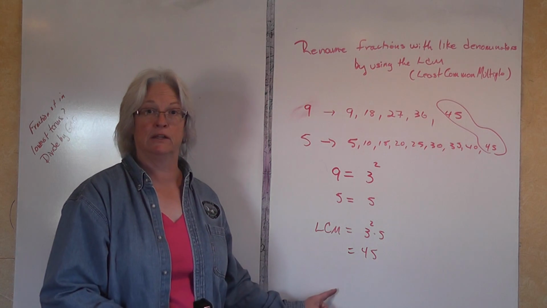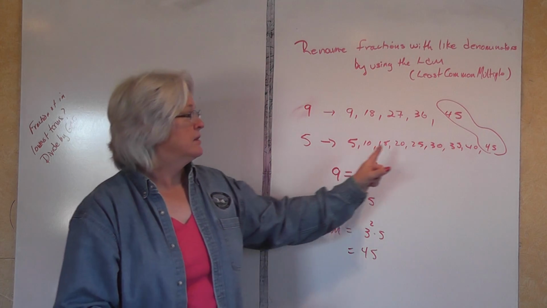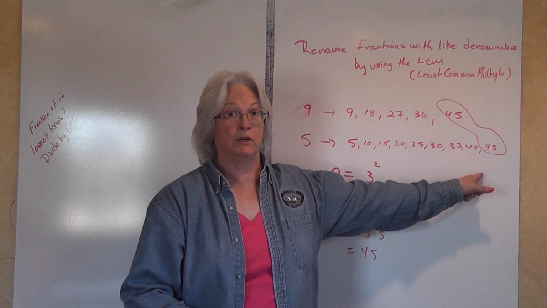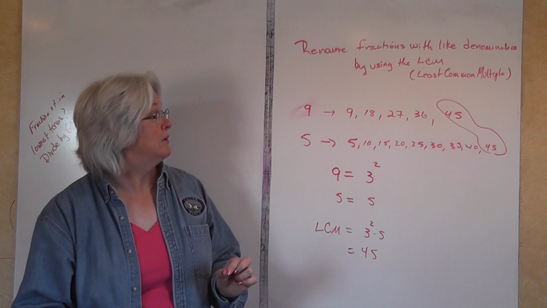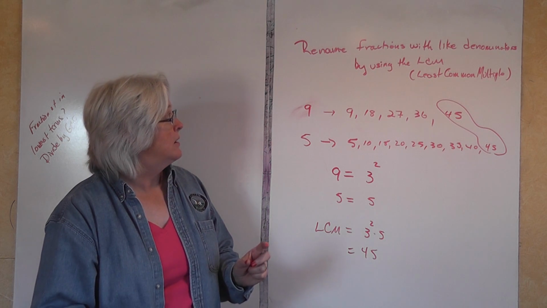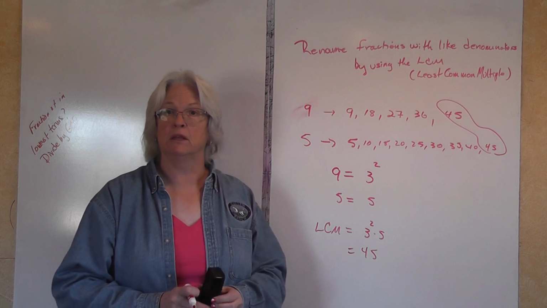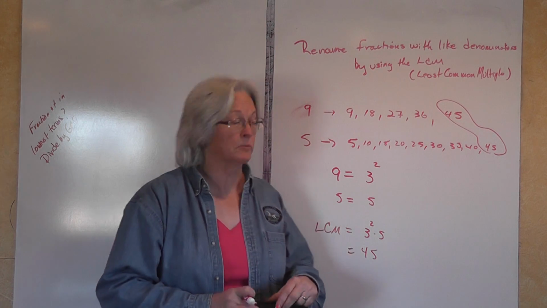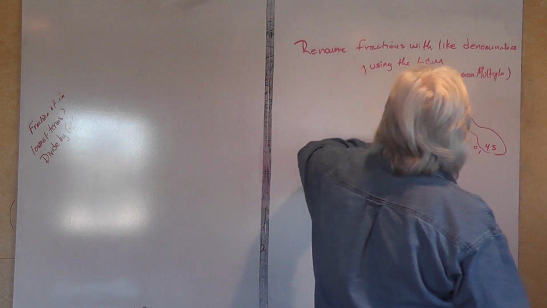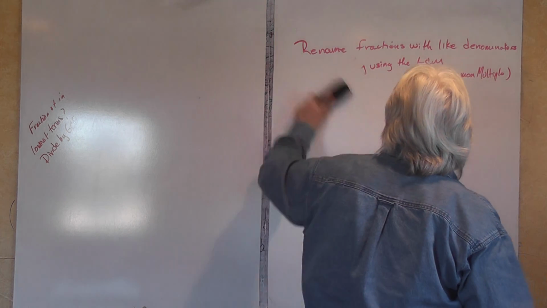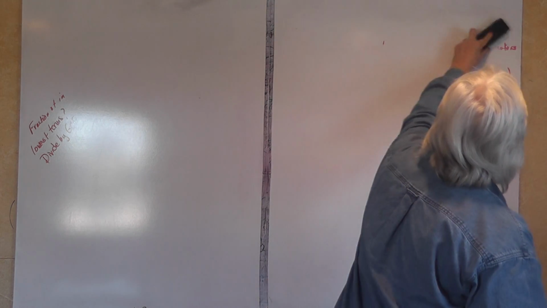This is how you calculate least common multiple. This is how you would never want to actually do it except when you're learning the concept. Go back and watch the video on renaming fractions with like denominators using the least common multiple if you need a refresher. Having said that, let's go ahead and continue with section 6.5.